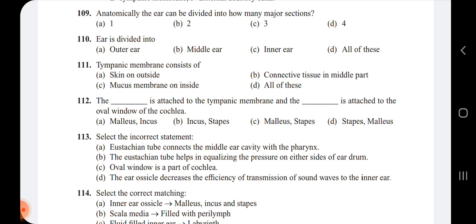The oval window of the cochlea is part of the inner ear, and it is attached to the last part of the middle ear, which is the stapes. So malleus and stapes is the correct answer for this question.